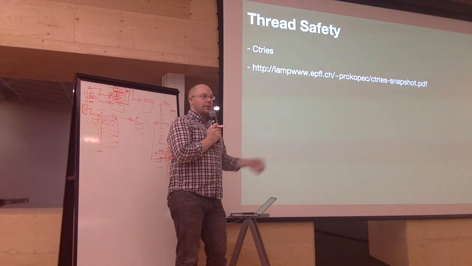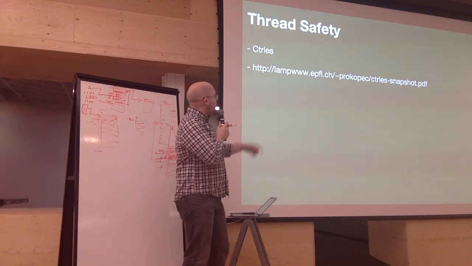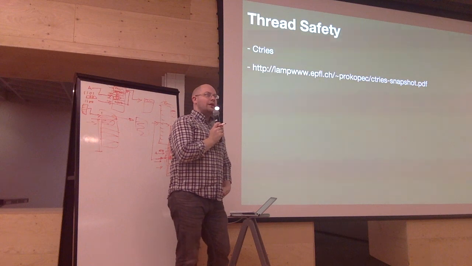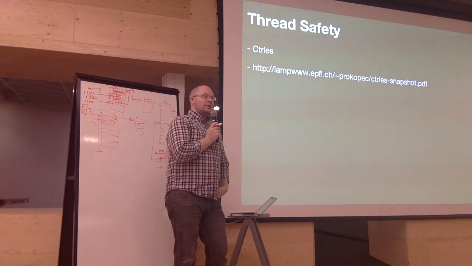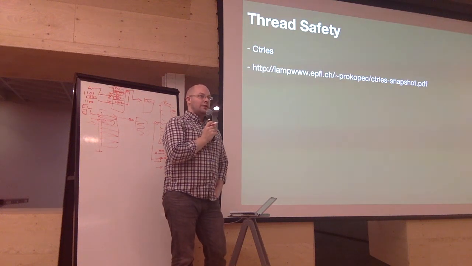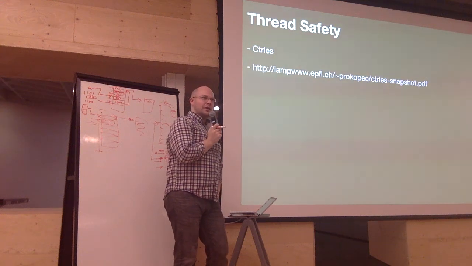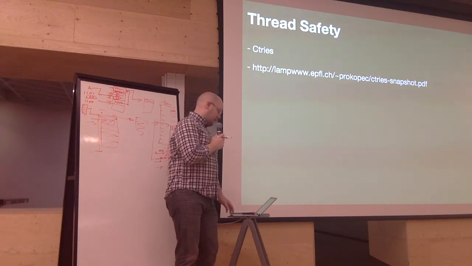So this is another paper by Bagwell with, I think, Odersky and Prokopek and some other people. So this is in active development now, this C tries. They're coming into languages now, but this is from 3 years ago, maybe, something like that. They're very recent, very modern.